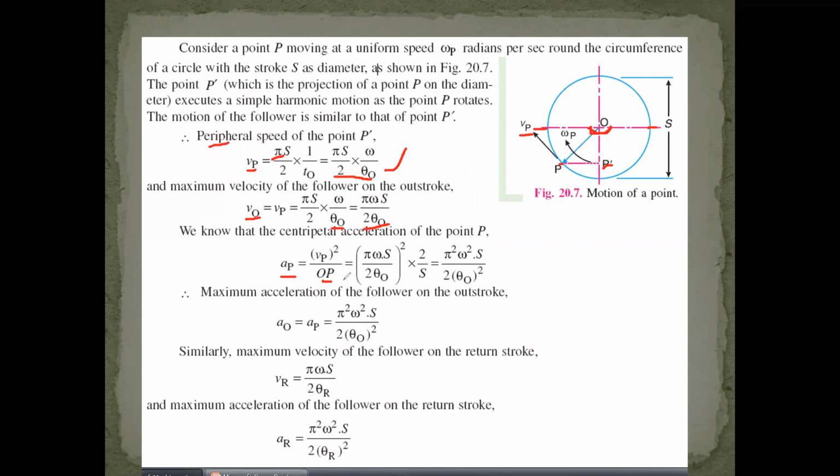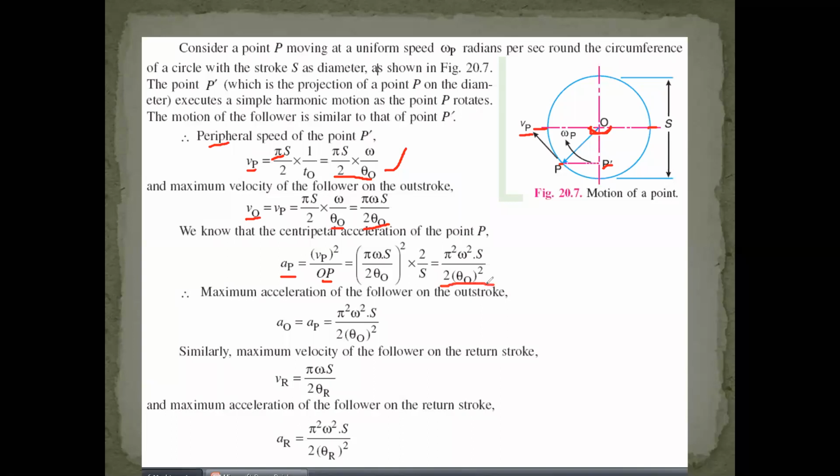OP is the radius, so the OP radius value is s by 2. When it is multiplied here, that gives 2 by s. So the value achieved here is pi square omega square s by 2 theta naught square.